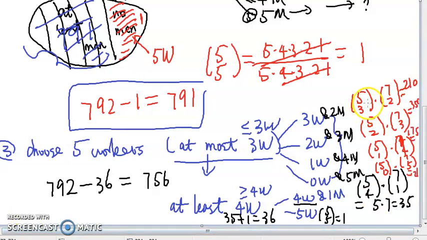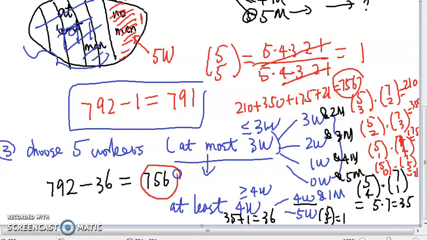And you can work out each combination. The first case should give you 210 ways, the second is 350 ways, the third case gives us 175 ways, and the last case gives us 21 ways. If you add all of these numbers, 210 plus 350 plus 175 plus 21, that will give you a total of 756 ways, which is the same as what we got.